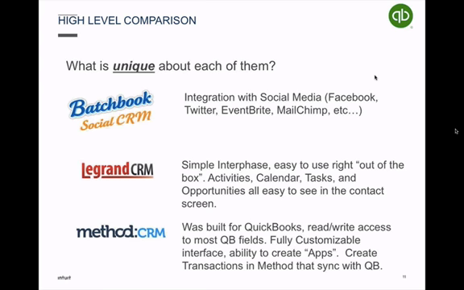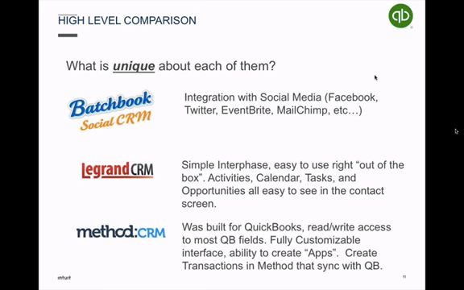Conceptually, Batchbook says, if your customer has a Twitter account and a Facebook account, and they're also in your event list and your mass mail newsletter list, it would be interesting to have a history of what they've been talking about in their social media together with what they've been talking about with you. It's an interesting concept.